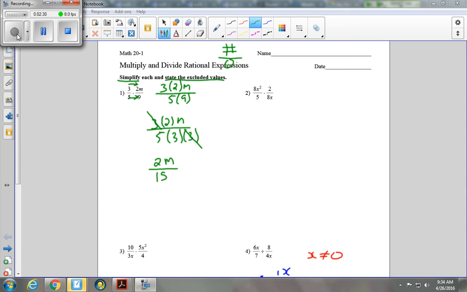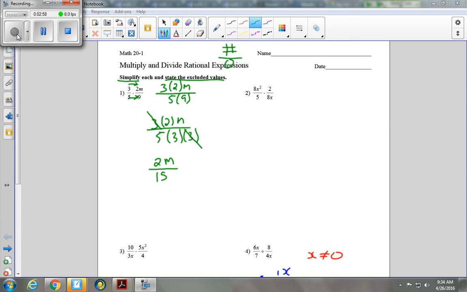So what we're always asking ourselves is, what would happen to make me divide by 0, or what am I not allowed to do? So in this case, is there any situation where I can make the denominator into 0? Is there any value for m that I could plop in there that would make the denominator 0? No, it's in the numerator.